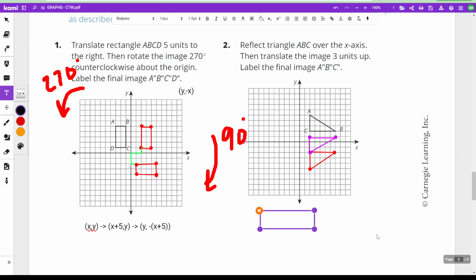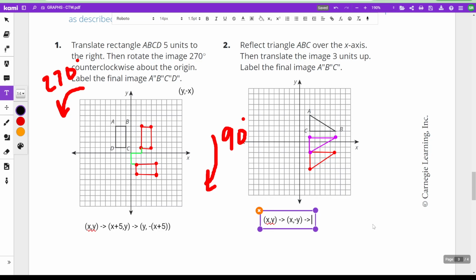So now to describe this transformation in coordinate notation, we're going to take it transformation by transformation. We're going to say that our original points were x, y. And when we reflected that over the x-axis, the x-coordinates stayed the same and our y-coordinates changed signs. And now we want to translate those coordinates up 3 units.